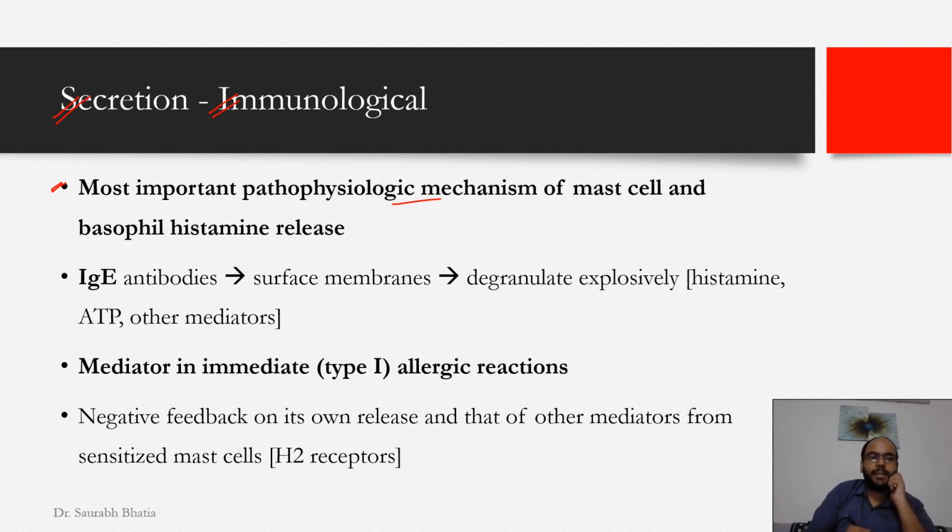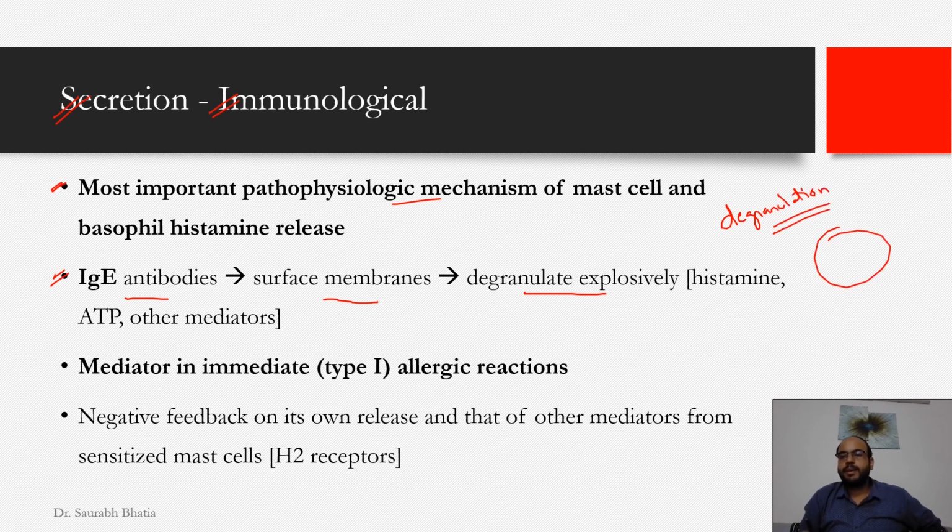Okay, so predominantly that is carried out by IgE antibodies. IgE antibodies attach to the surface membrane, and that attachment leads to multiple secondary messengers which give the signal of degranulation. So the process is known as degranulation. This is the process by which mast cells release histamine outside their cell.